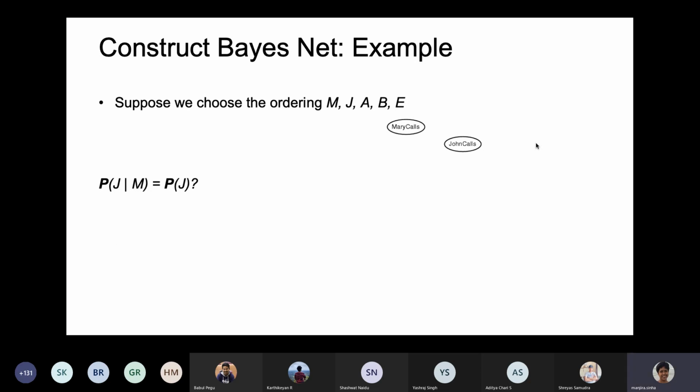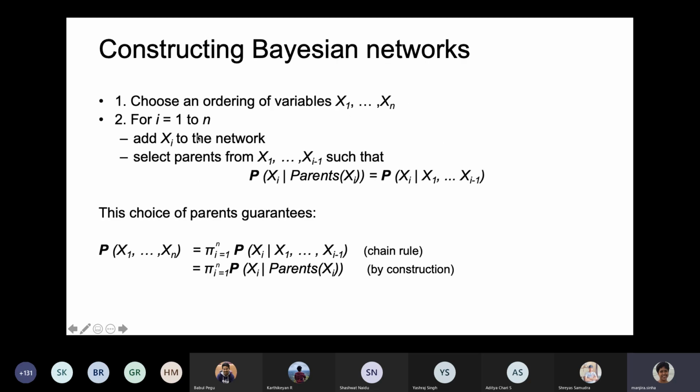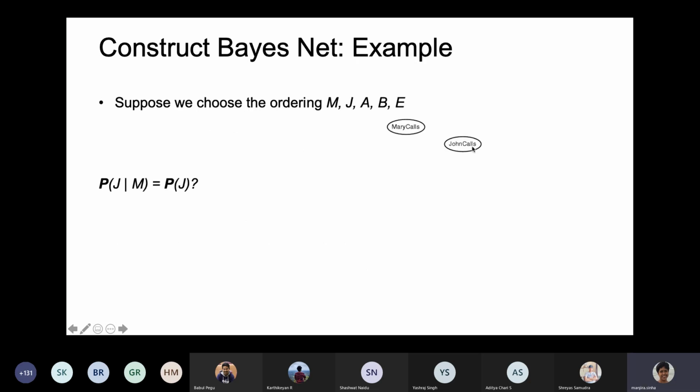So let us again go back to the same example and see how we can construct a Bayesian net. Suppose we chose the ordering of the variables M, J, A, B and E, that is Mary calls, John calls, the alarm goes off, burglary occurs and earthquake occurs. We start with Mary calls and then add the next variable, John calls.